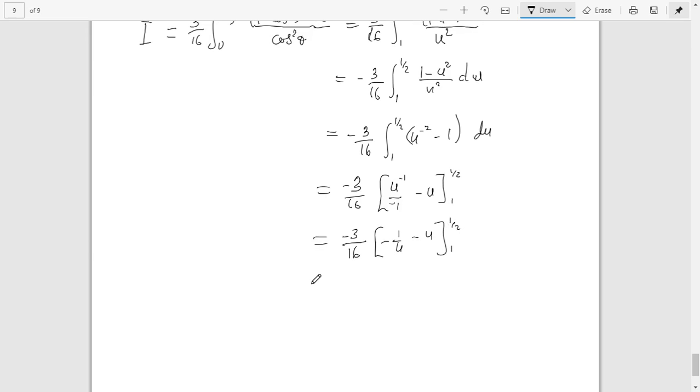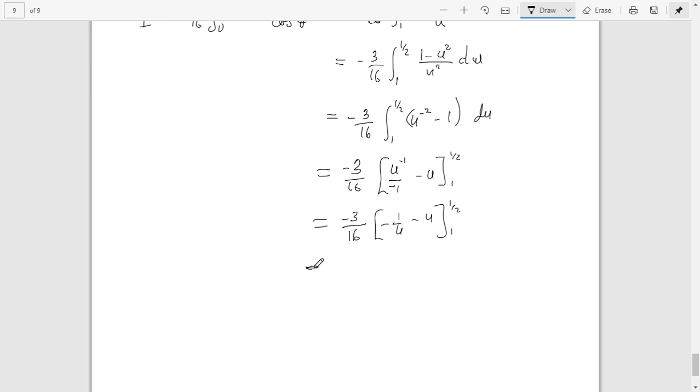So evaluating this now, plugging in the endpoints, it gives me this. Maybe I open a big bracket. Yes. For 1/2, which is the upper limit, I'm going to have minus 1 over 1/2 minus 1/2, subtracted from the lower limit, which is 1, so I'm going to have minus 1 over 1 minus 1.